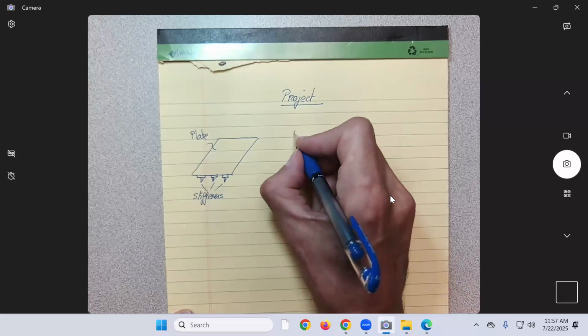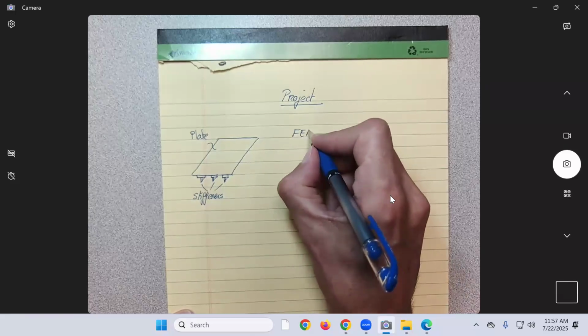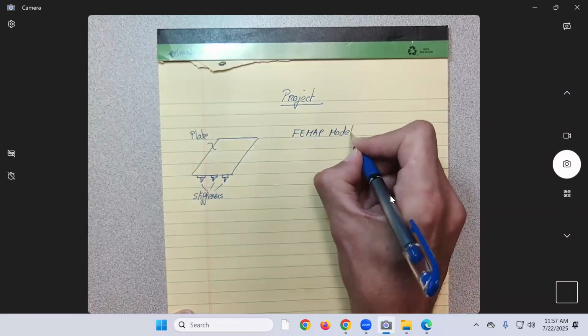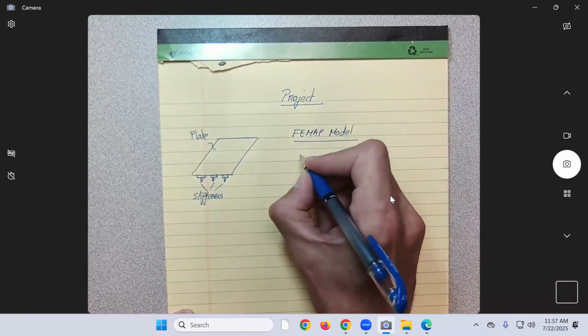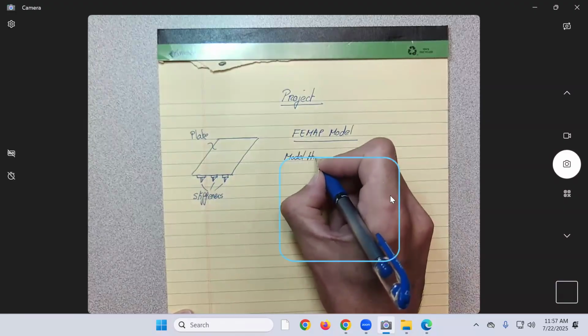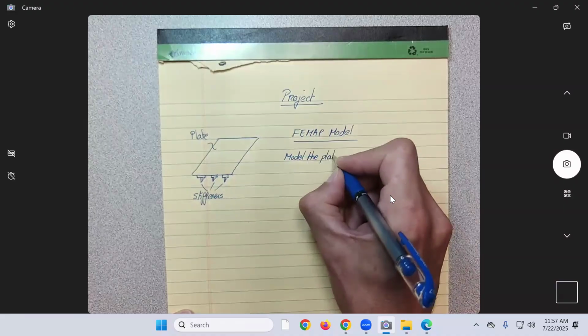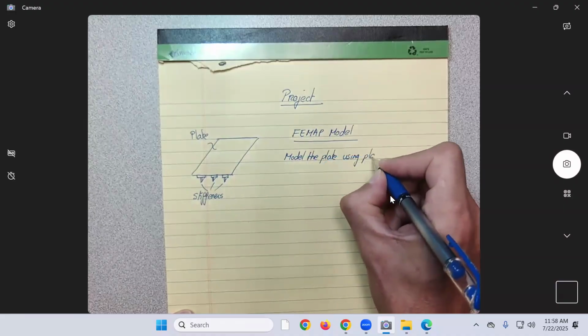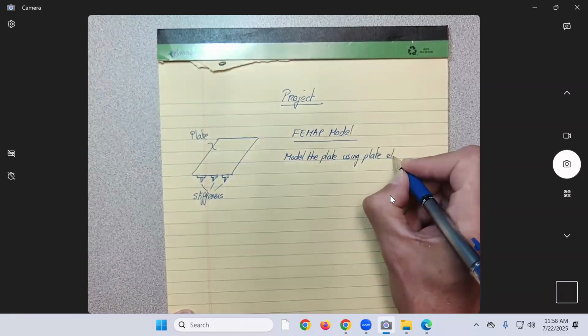Okay, so the FEMAP model. What you're going to do is model the plate using plate elements.